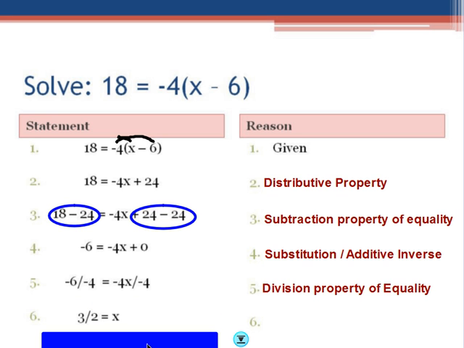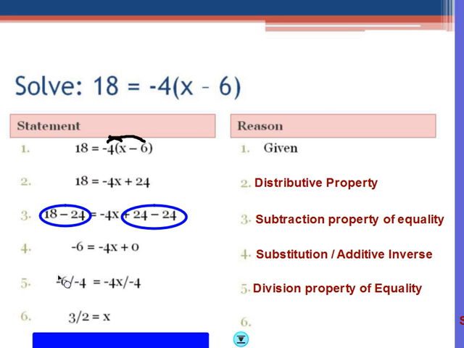Our final step is, again, we're going to have two steps. So we notice on this side we have -4 divided by -6 divided by -4. And we're going to substitute in 3/2. Alright, so we have our substitution property happening on this side.